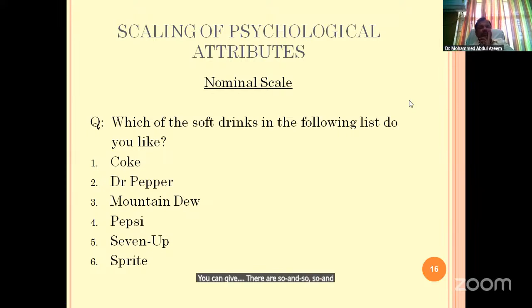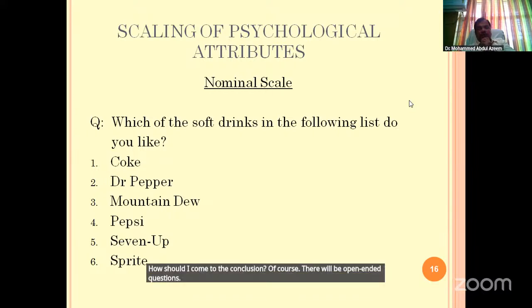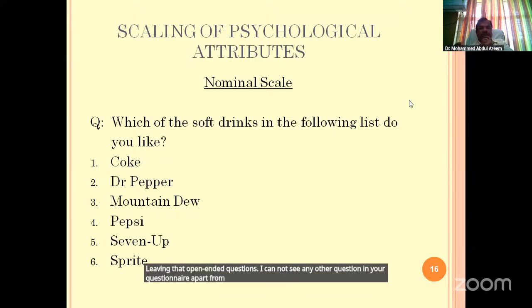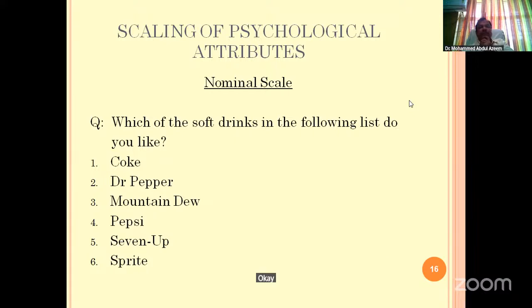So how do you come to a conclusion if I ask this question to 50 respondents? Yes, of course, there will be open-ended questions. Leaving those aside, I cannot see any other question in your questionnaire apart from these 4 types. Okay, let's see. Now, what are the advantages of open-ended questions?